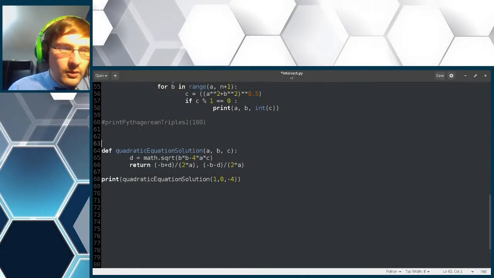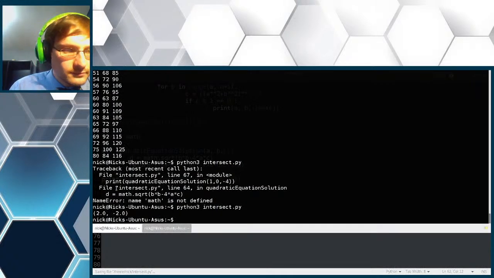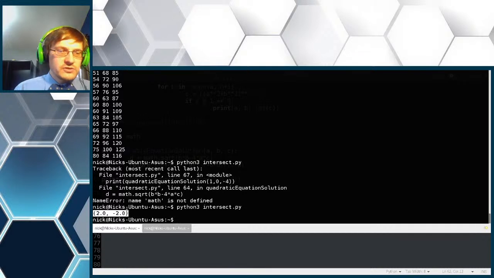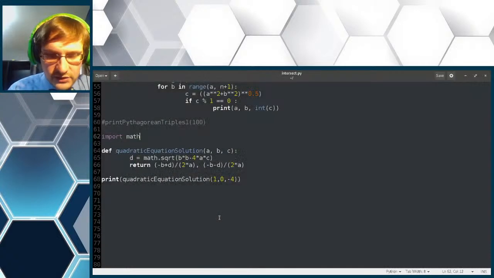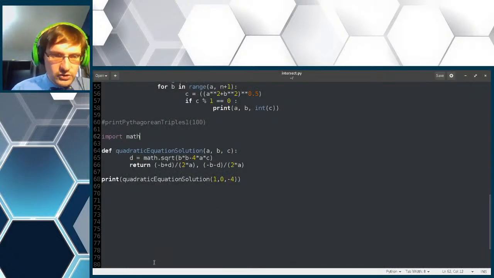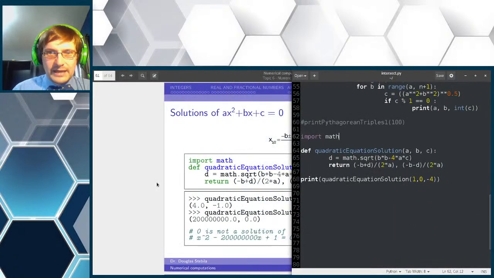Math is not defined. Well, I guess I'll just have to import it then. There we go. You can see that the roots of x squared minus 4 are 2 and negative 2, respectively. Sure, not bad.